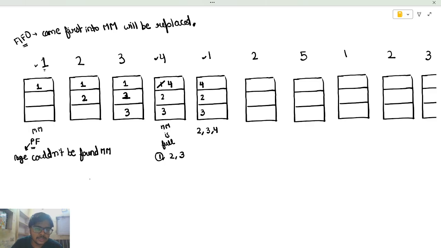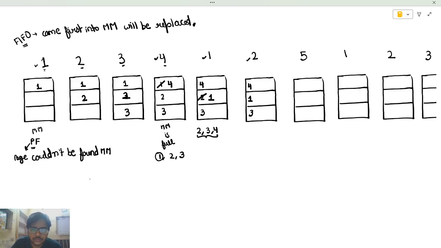Which came first from these 3 pages? 4 came just recently, 3 before that, and before that 2 came. So 2 came first in the main memory. Therefore 2 will be evicted and 1 will take its place. Now the current scenario is 4, 1, 3.